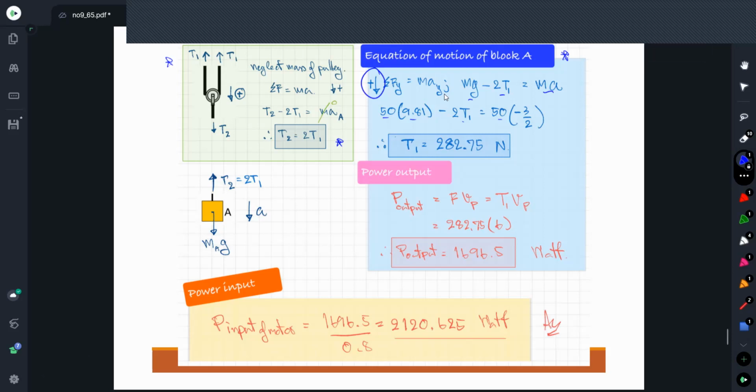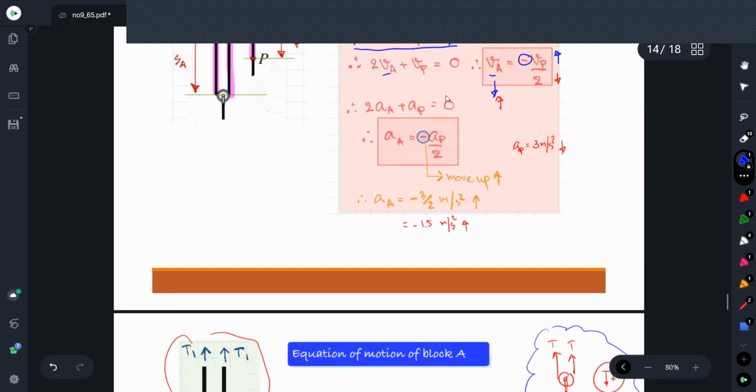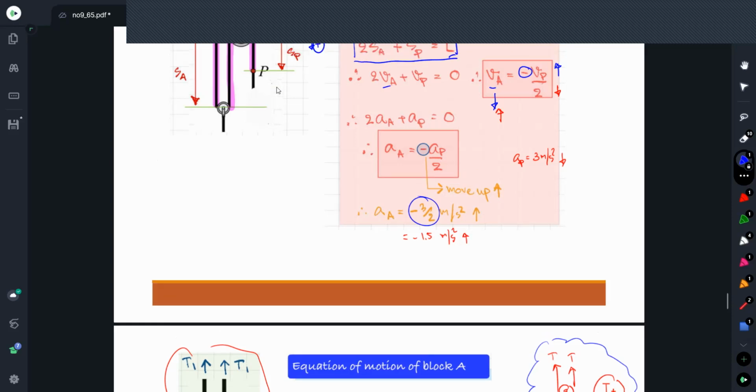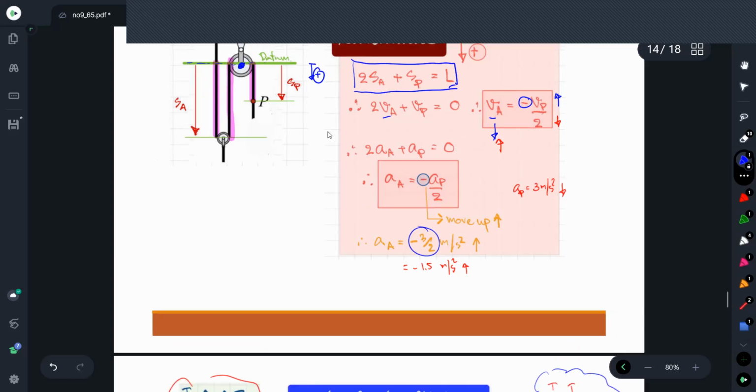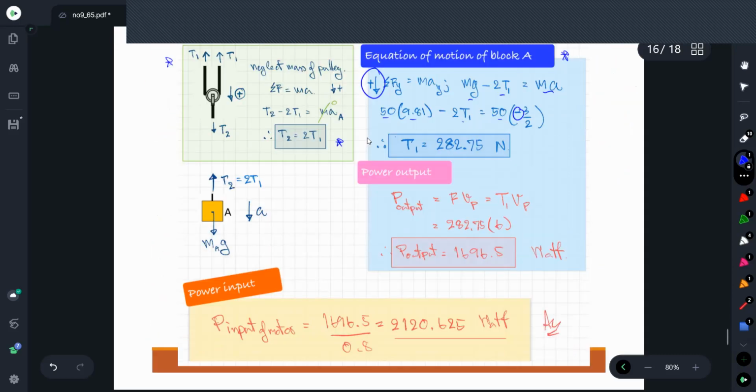The acceleration now is negative because we set up downward as positive, but from kinematics we found it is minus 3 over 2, which means it goes up. Since downward is positive, same as the kinematics we defined, we substitute it directly with the sign convention.